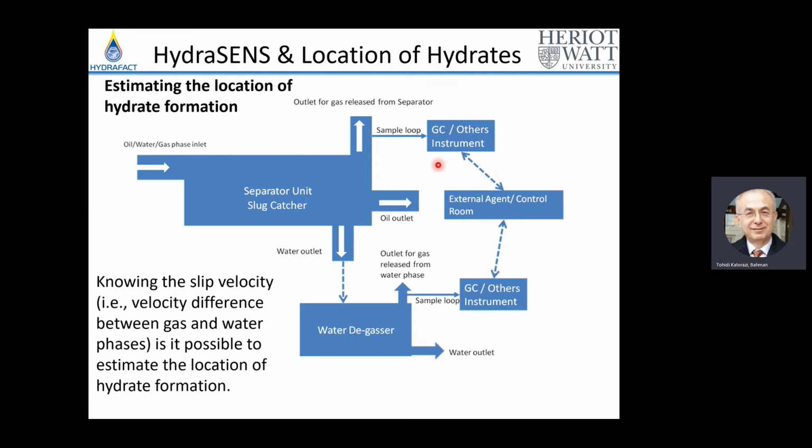For example, the gas phase is moving at 15 meters per second, water is 5 meters per second, so the slip velocity is 10 meters per second. So if the difference between the two signals is 1000 seconds, it means that hydrate is forming 10 kilometers away.